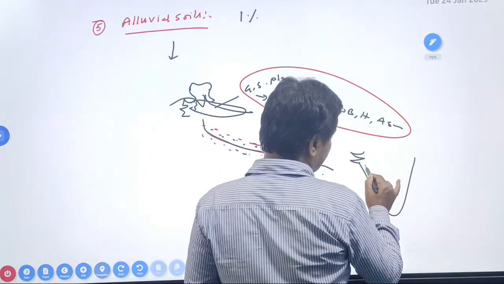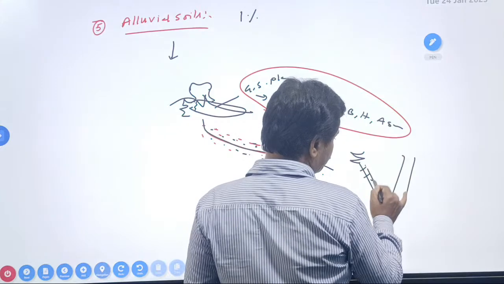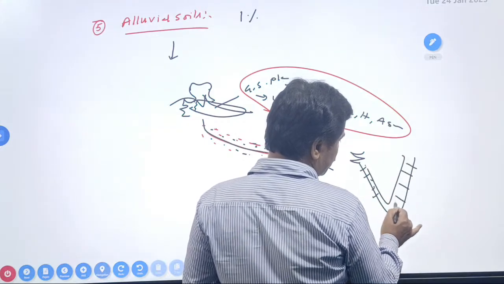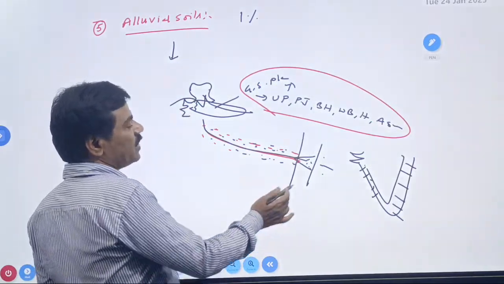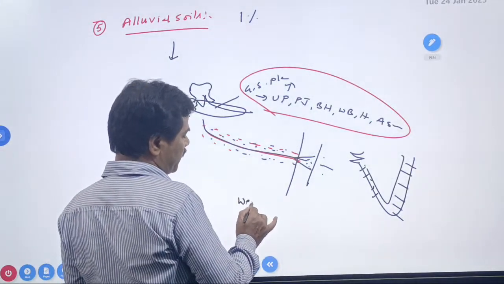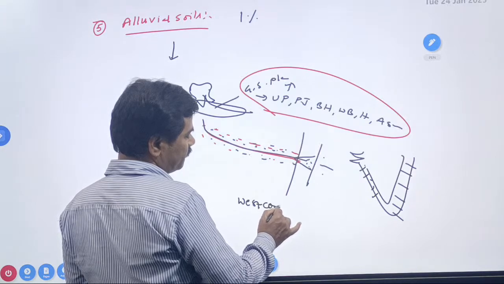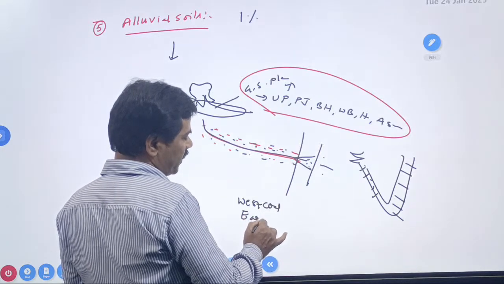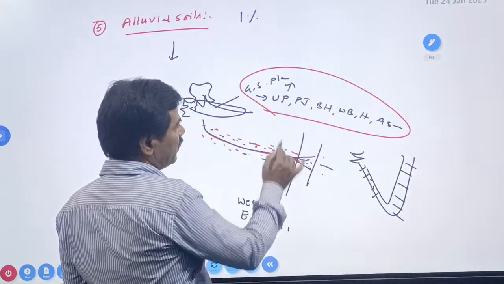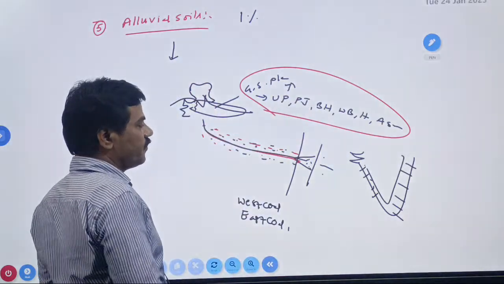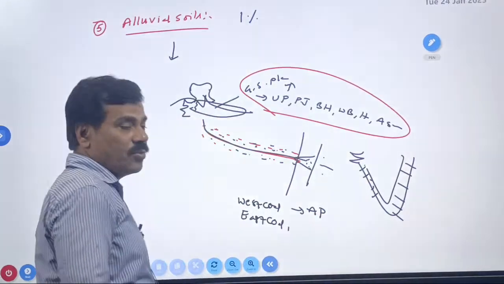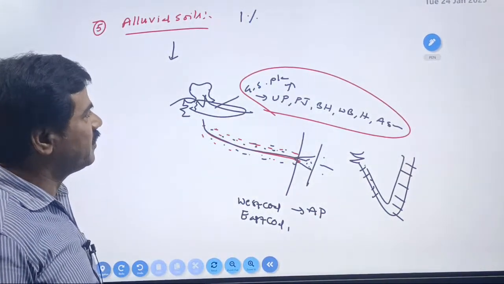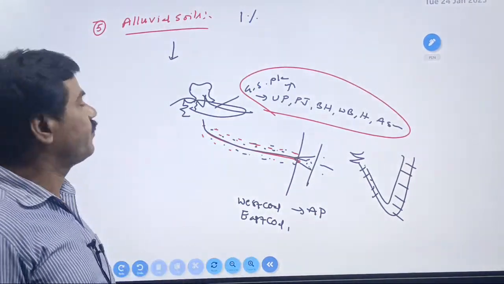In South India, maximum alluvial soil is in the west coastal plain, east coastal plain and also the Great Plain. Majorly in South India, Andhra Pradesh has a more alluvial soil tract.